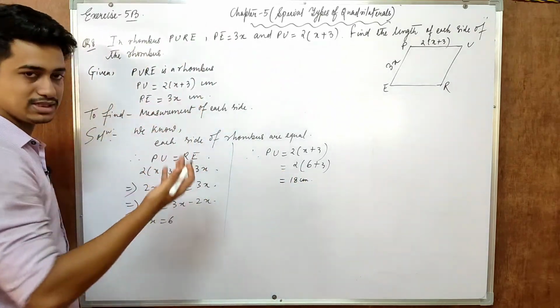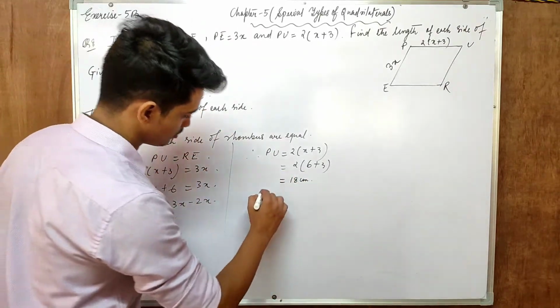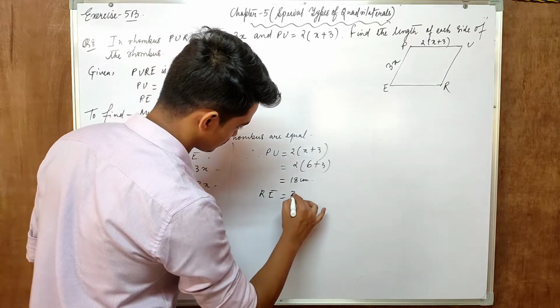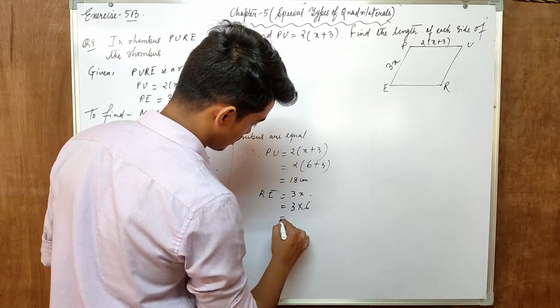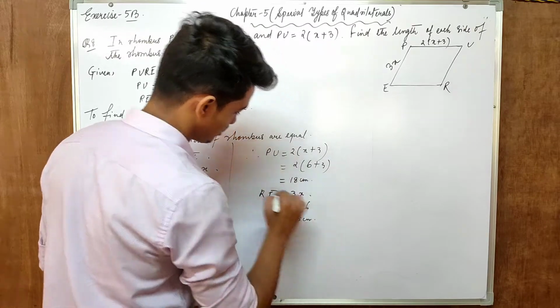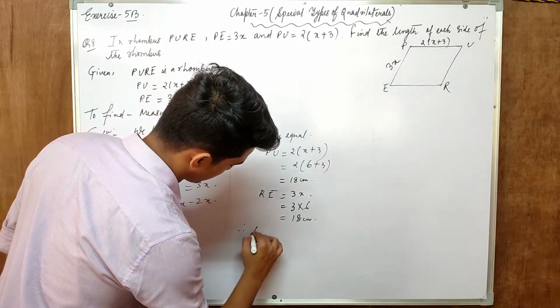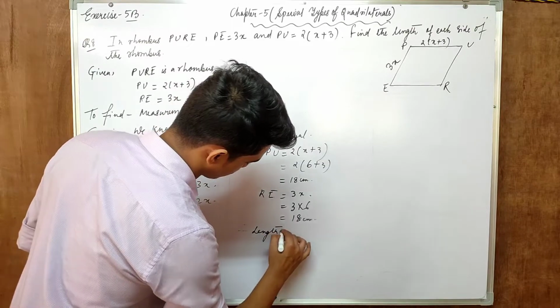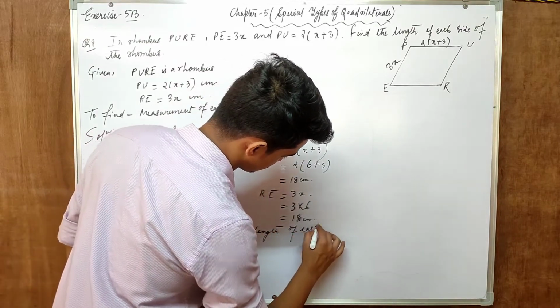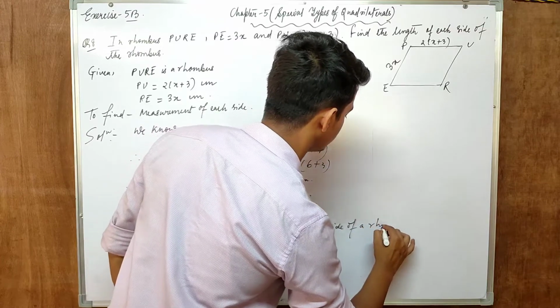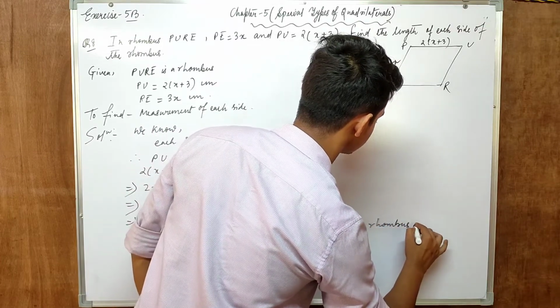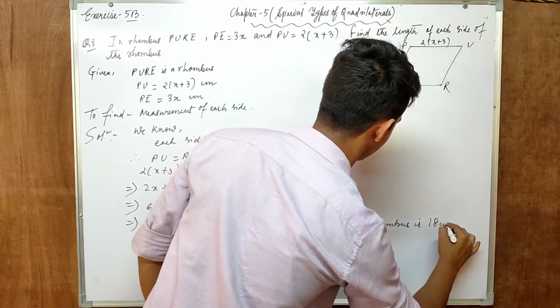To check whether the answer is correct or not, you do RE, that is 3x. The value of x is 6, so 18 centimeter. Therefore the length of each side of the rhombus is 18 centimeter.